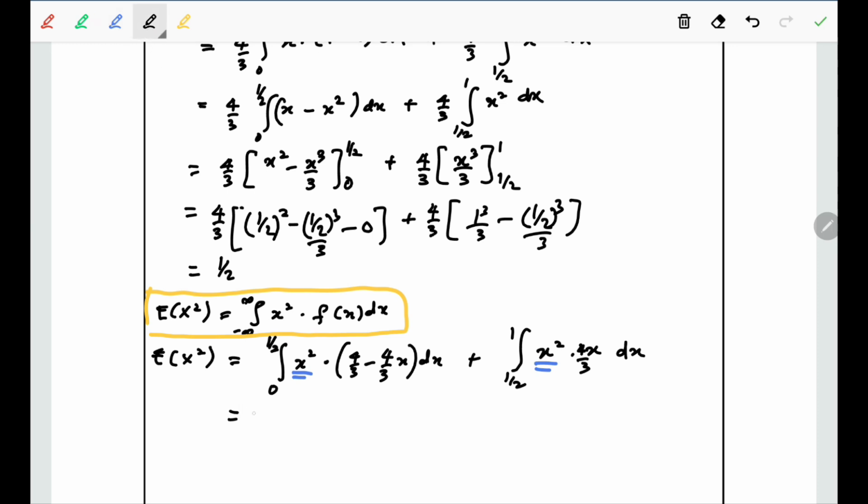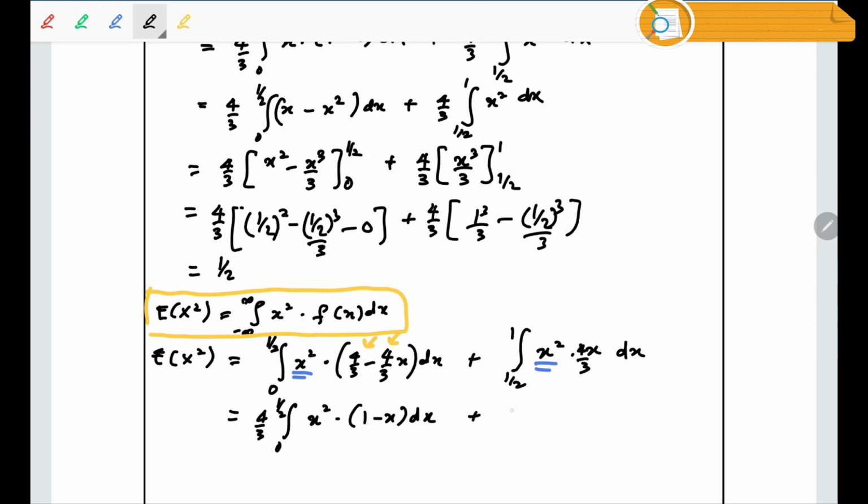And then we are going to simplify. The same way, I'm going to factor out this 4 over 3. So outside here should be 4 over 3, and then with the limit. And then x squared needs to be expanded with 1 minus x dx. Plus we factor out the 4 over 3 also, and then x squared multiplied with x will give you x cubed.